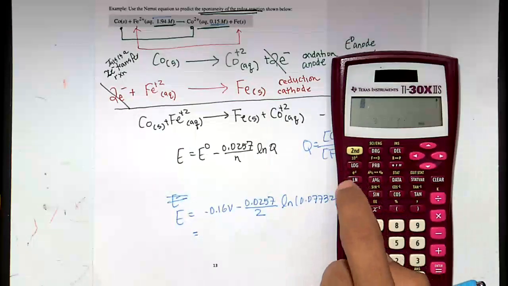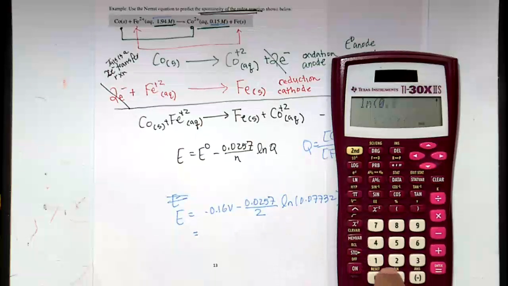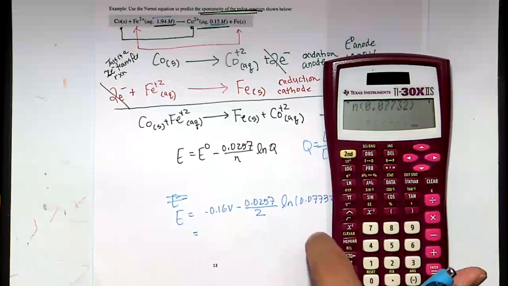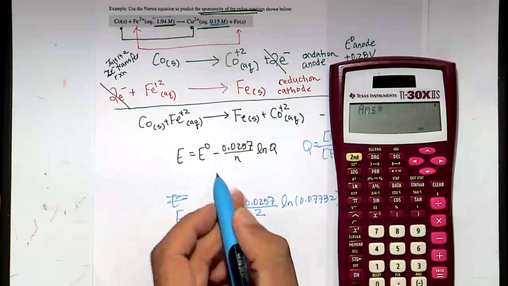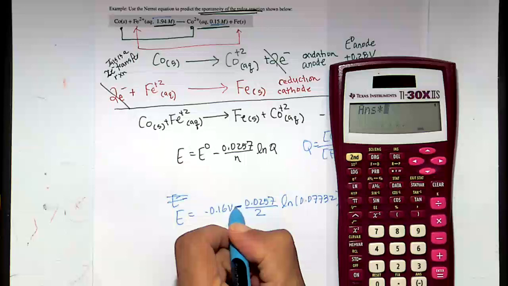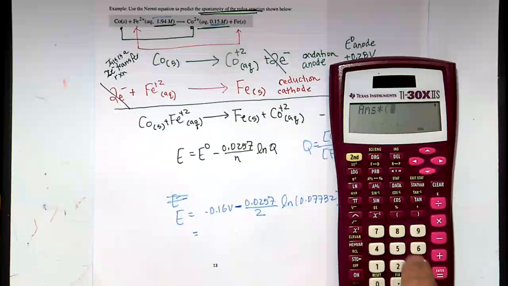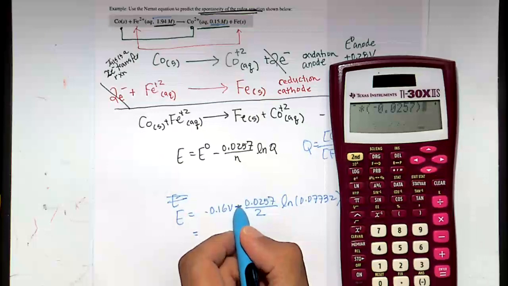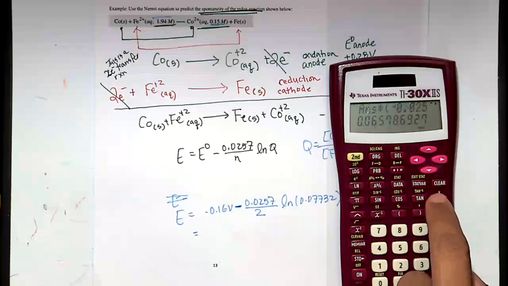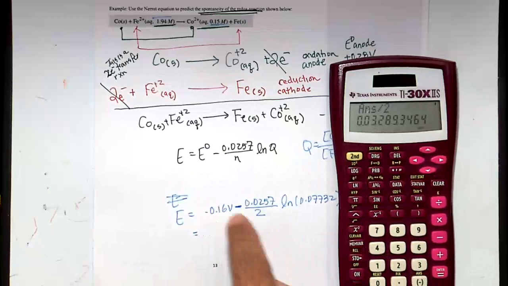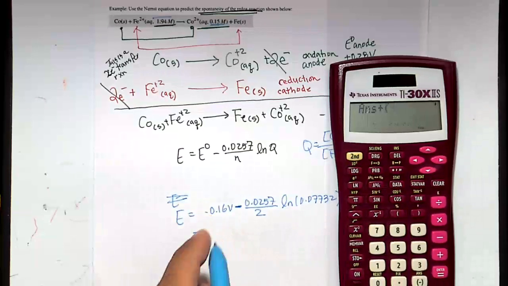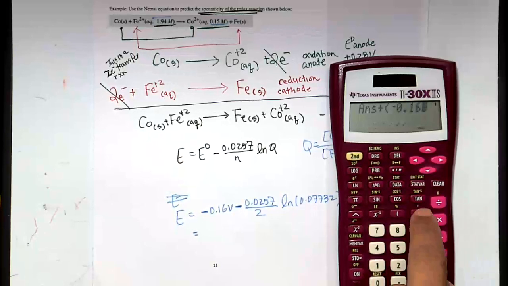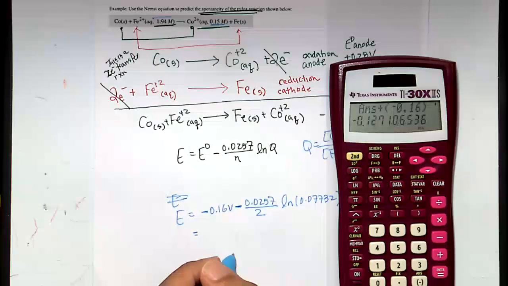Let's do this on our calculator. Natural log of 0.07732, times a negative 0.0257, close those parentheses, remember it's a times a negative, divided by 2, plus a minus, look at the sign in front, minus 0.16.